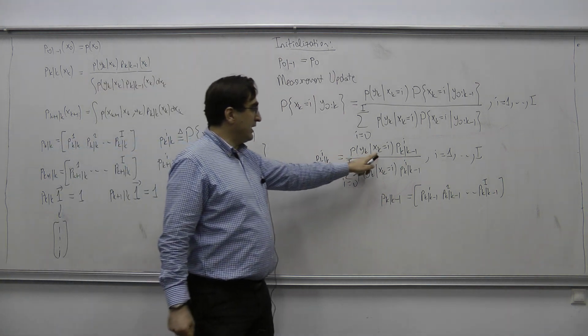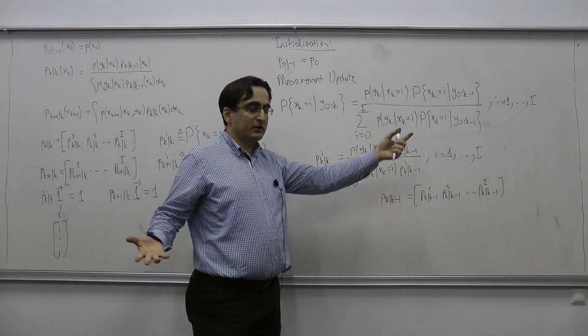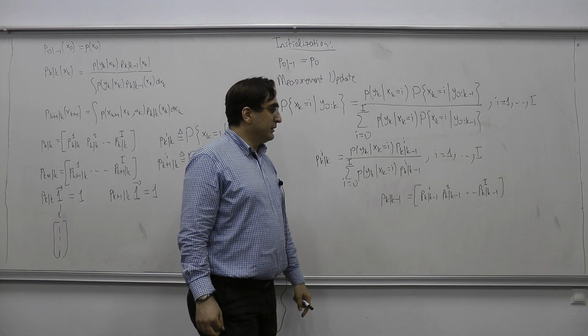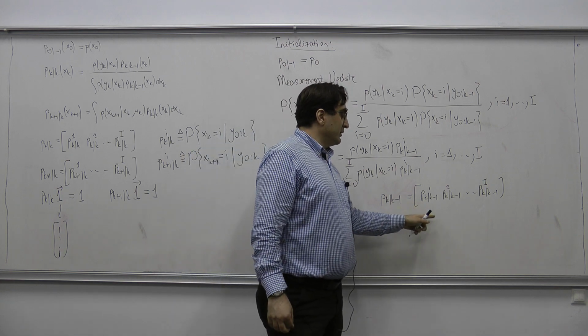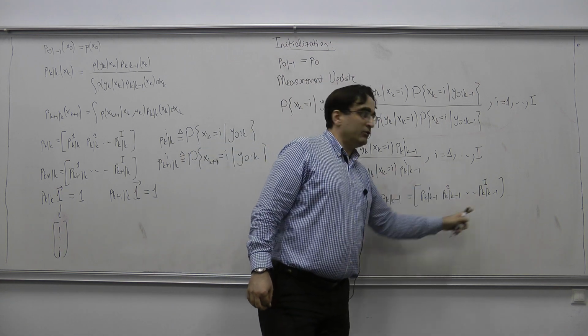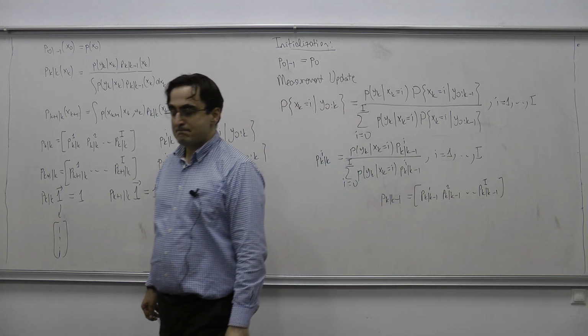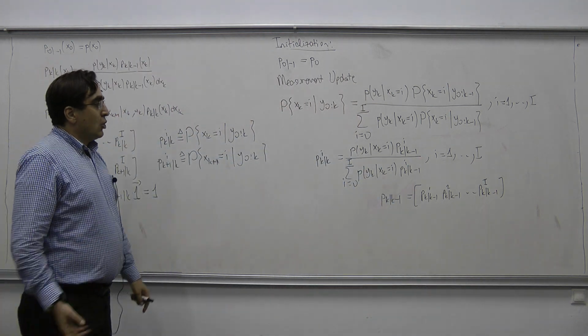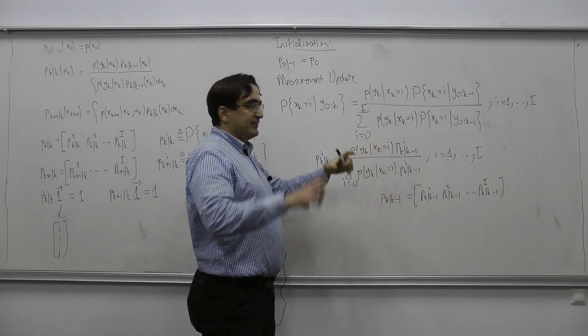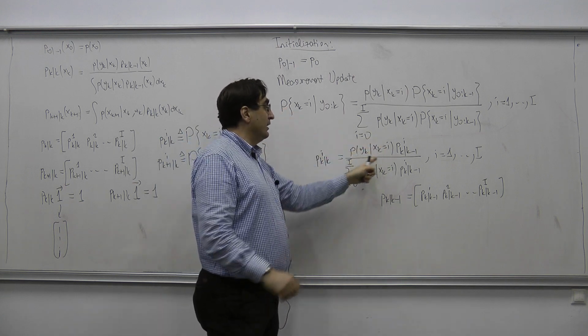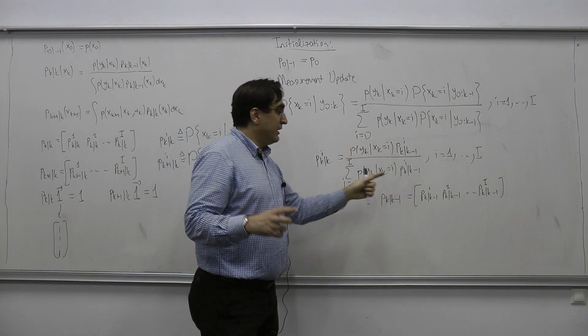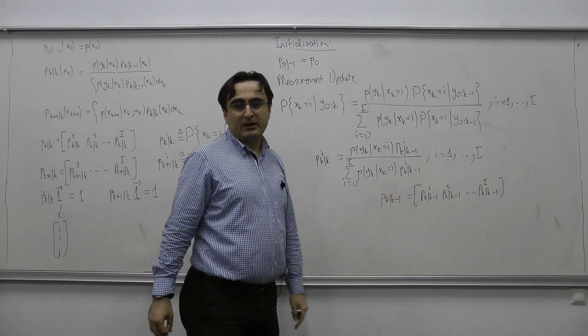So these p(y_k | x_k = i), there are I numbers there. And I need to, in sequence, multiply those numbers with each of the elements here. Okay? Of course, I can define a single horizontal vector for this likelihood, and I can do element-wise multiplication.